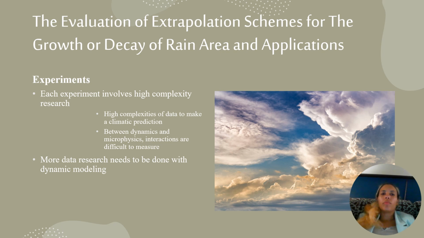Evaluation of extrapolation schemes for the growth or decay of rain in applications talks about experiments that are high complexity and hard to do because between the dynamics and microphysics, the interactions are difficult to measure. So once the cloud seeding starts, you can't really measure how much precipitation you're going to get after that, and that's the issue.